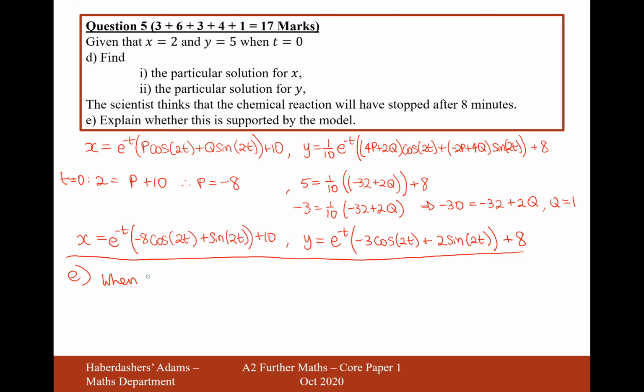So when t equals 8, e to the minus t, so e to the minus 8 rather, is equal to 0.000335, which is such a small value. So as this is very small compared to 10 and 8, what I'm referring to here is this 10 here and this 8 here.